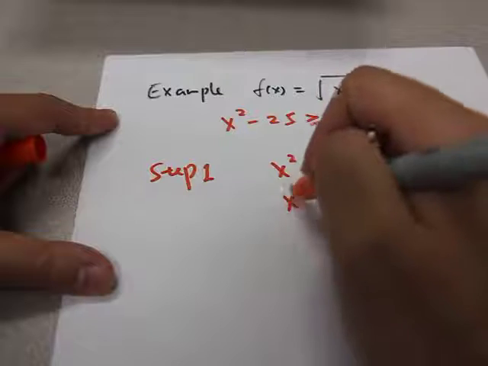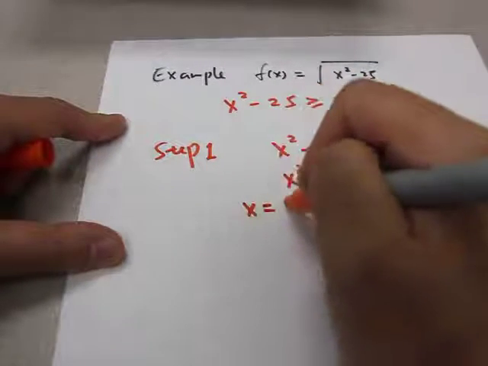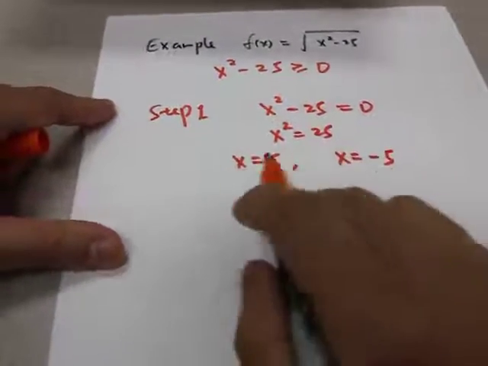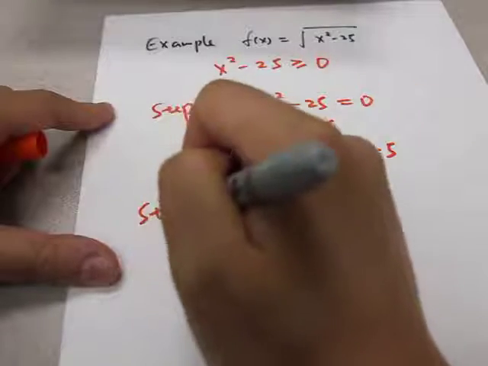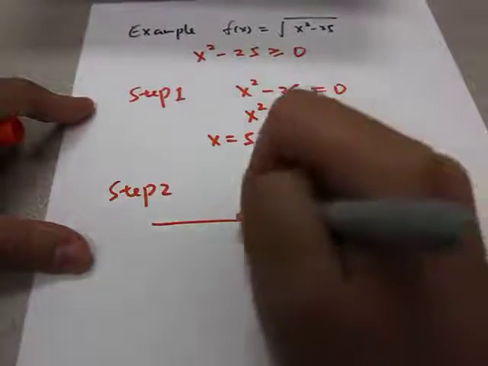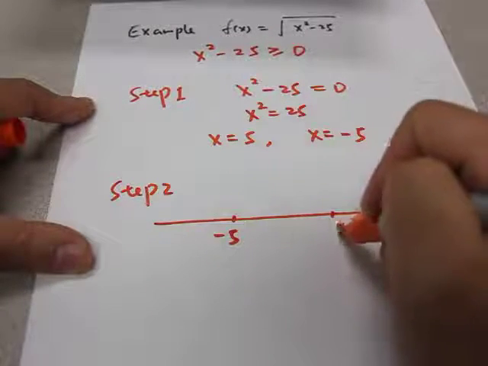And so we have two solutions. One is negative 5, another one is positive 5. Now in the second step, we put negative 5 and positive 5 on our number line.